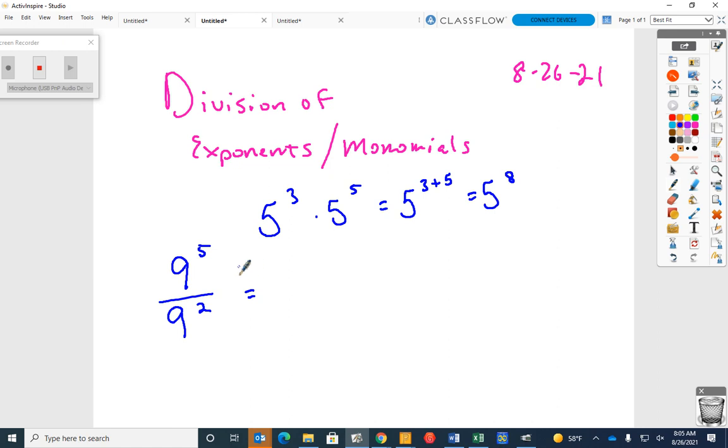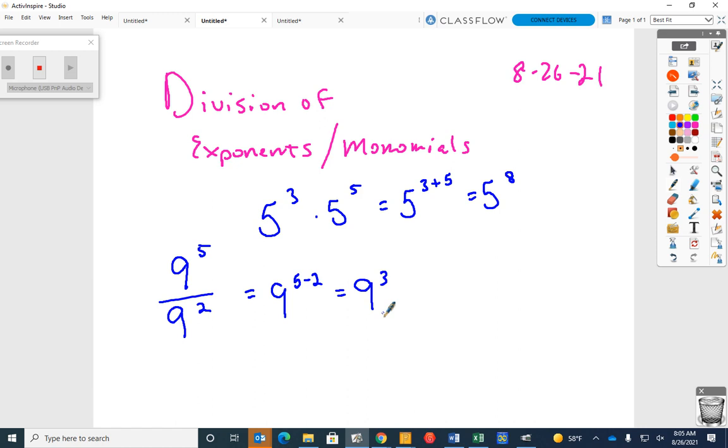Yeah, so my base is going to stay what? 9. And then I'm going to take the top and subtract the bottom. So 5 minus 2. So my final, without evaluating, my final simplified version of this would be what? 9 to the 3rd power. Okay? Does that make sense so far? Okay, do you think that's it? No. Of course not.